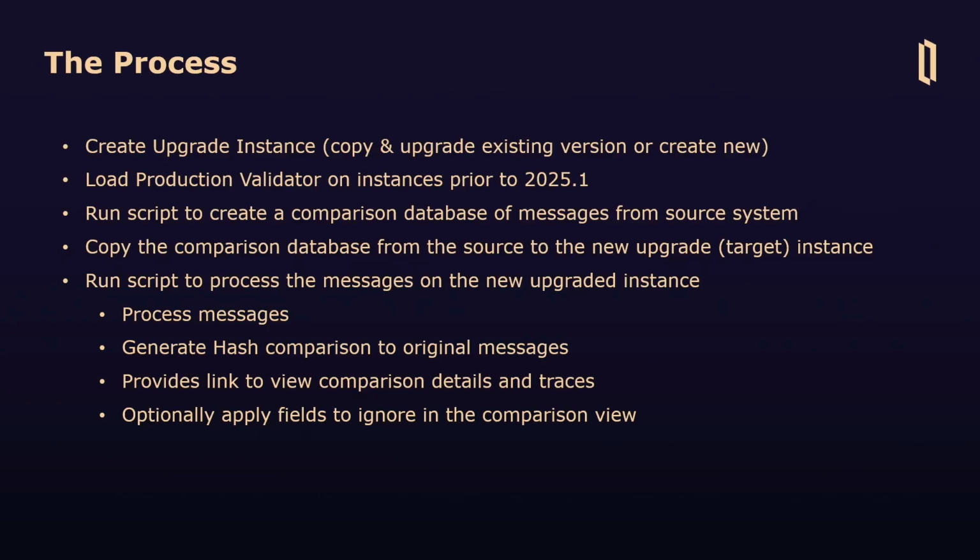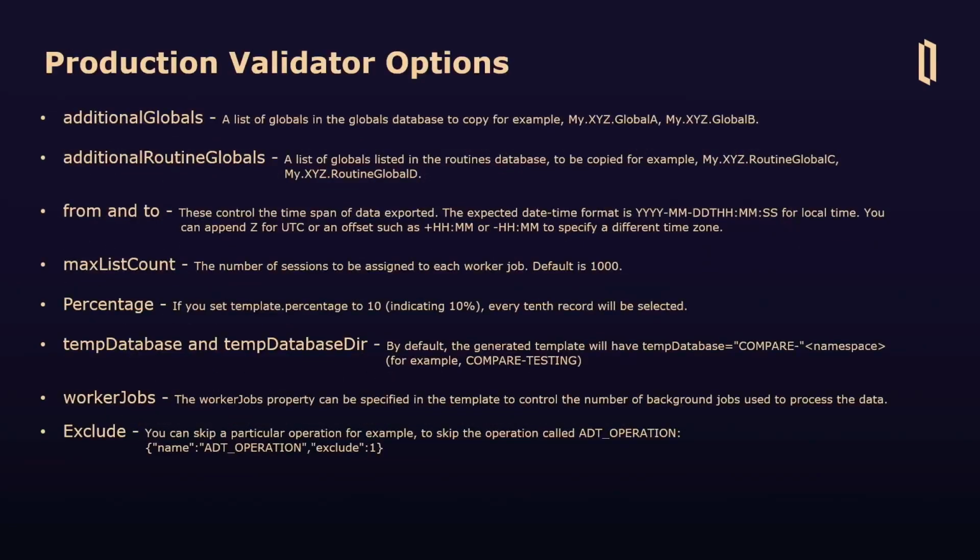So let's go. These are options you can add. Like I mentioned before, you have your from and to options. You can have your percentage options. If you need to pull data from globals because you're storing data in globals as your messages flow through, you can export those as well.